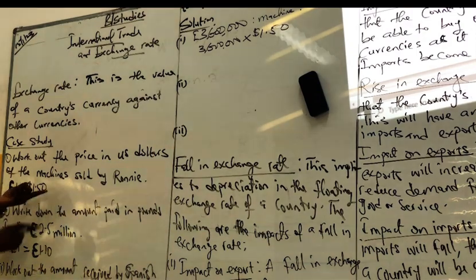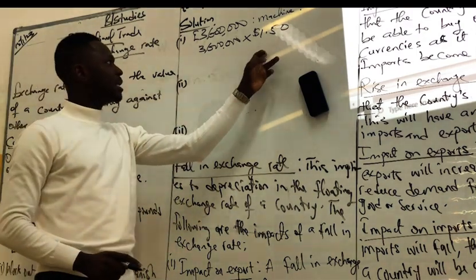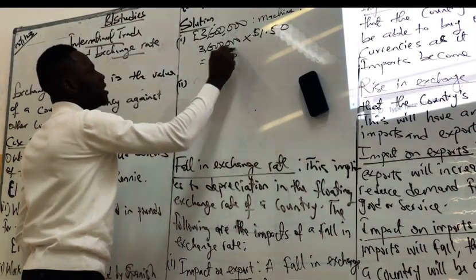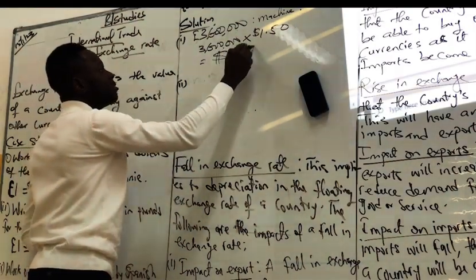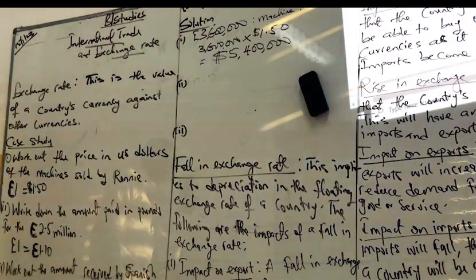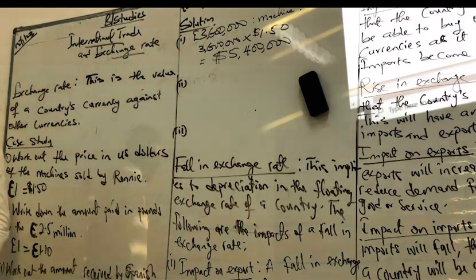Do we get it? Yes. So 3.6 million multiplied by this gives us what? 5,400,000. So that is the amount the US-based firm would pay to McKay, right?